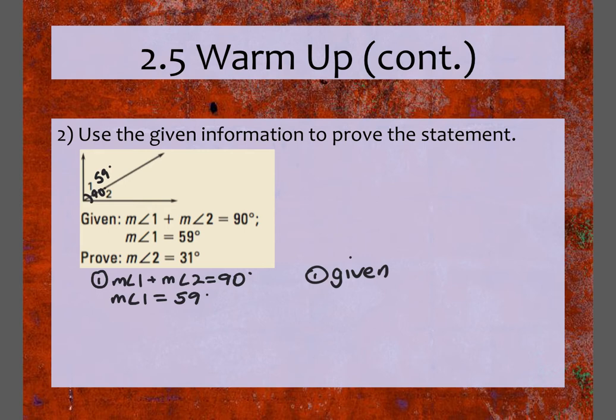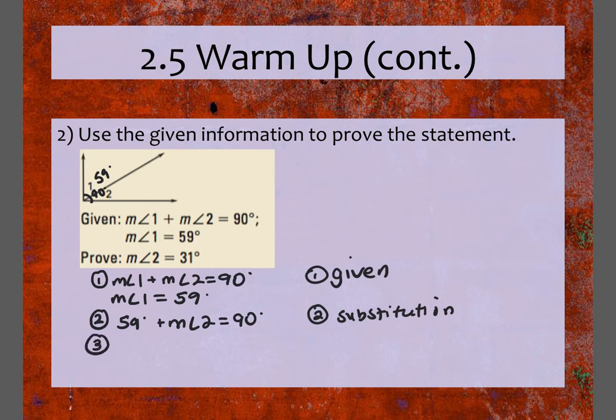And then I substituted 59 degrees for m1 into m1 plus m2 is 90. And that is substitution. Then I subtracted 59 from 90 and 59 from itself. Yeah, I did get 31.